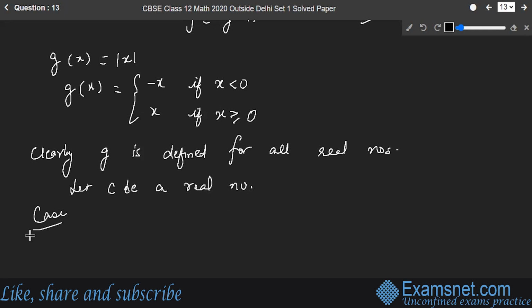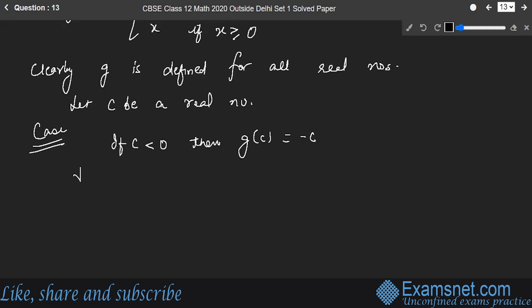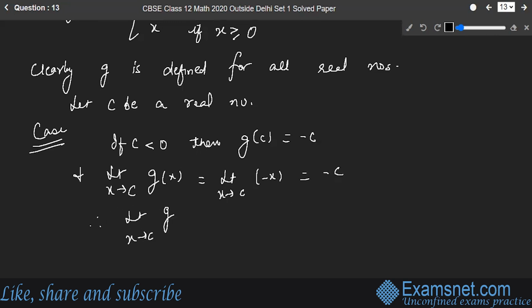So first case, when C is negative, if C is less than 0, then g of C will be equal to minus C, and the limit as x approaches C of g(x) is equal to the limit as x approaches C of minus x, that is equal to minus C. Therefore, limit as x approaches C of g of x is equal to g(C).